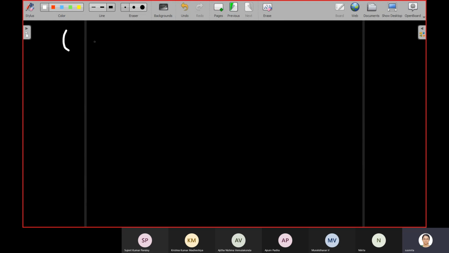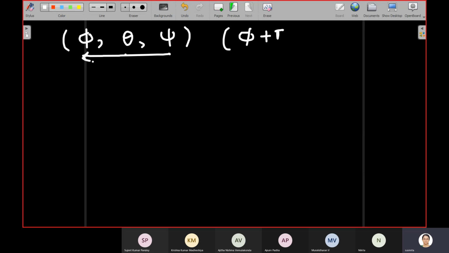Now this phi, theta, and psi. So this means first we apply psi, then theta, then phi. So we are going in this direction. This set, okay, and this one, phi plus pi, pi minus theta, and psi plus pi.